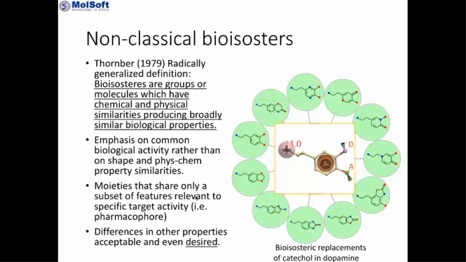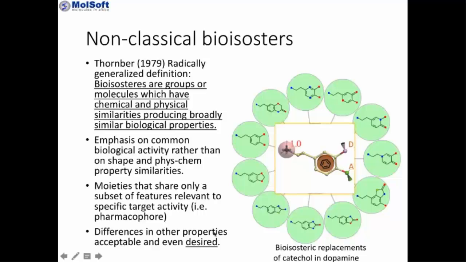So it became more general and in some ways more useful, but because of the breadth, you cannot easily enumerate the possibilities for isosteric replacement anymore if you think of it in these broader terms.